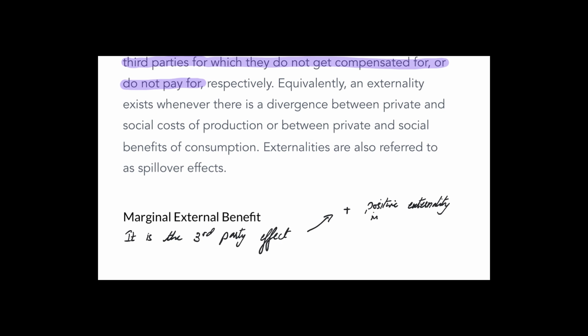Since we're talking about a benefit, let's take the consumption perspective: positive externality in consumption. And it can actually be on the negative side also. It can create a negative externality, a negative effect on the third party. So we're going to call it negative externality in consumption.